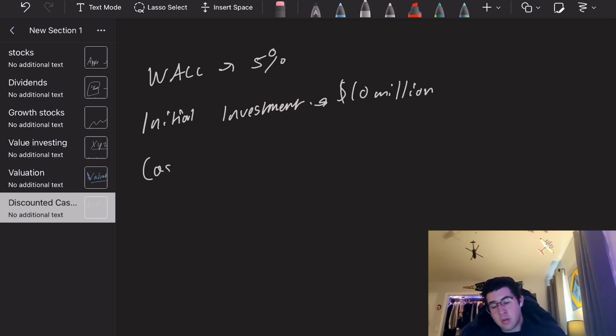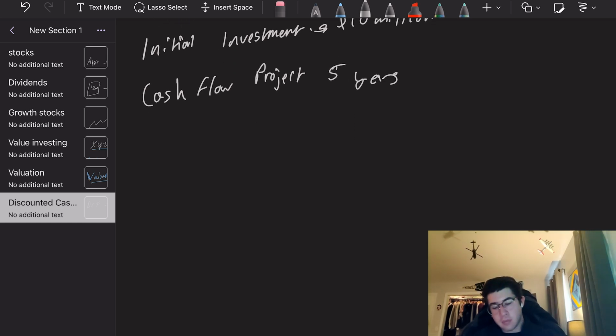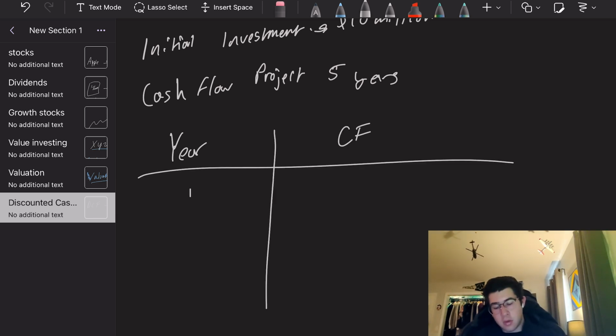And the cash flow projected for future years, for, let's say, 5 years. I'll do that in a chart below. So we have the year, we have cash flow, year 1, 2, 3, 4, 5, and the cash flow is going to be 1 million, 1 million, 4 million, 4 million, and 6 million.